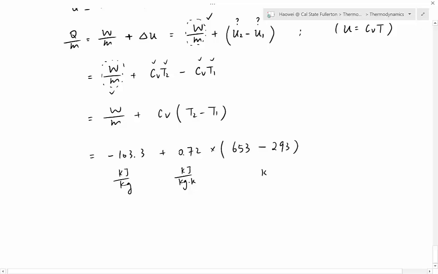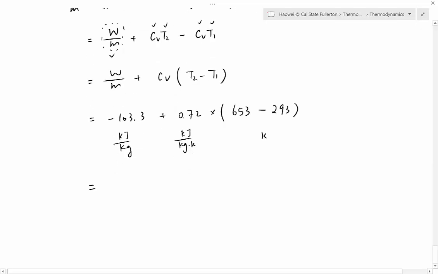So now, let's do the units. Kelvin cancels Kelvin. Then kilojoule per kilogram plus kilojoule per kilogram. So the solution must have a unit of kilojoule per kilogram. Okay, and then you can use your calculator. Your solution is 159.2.